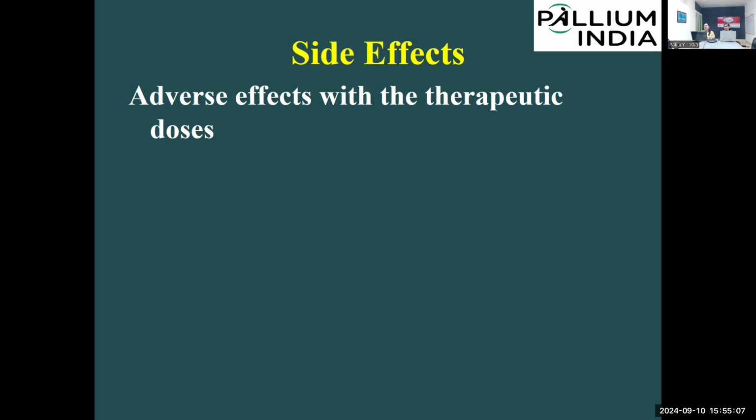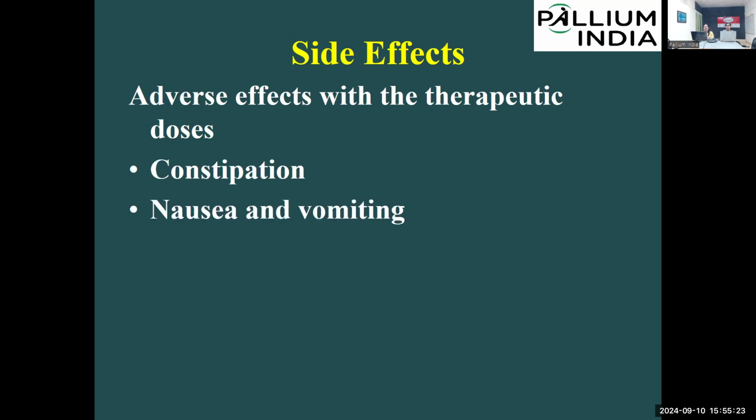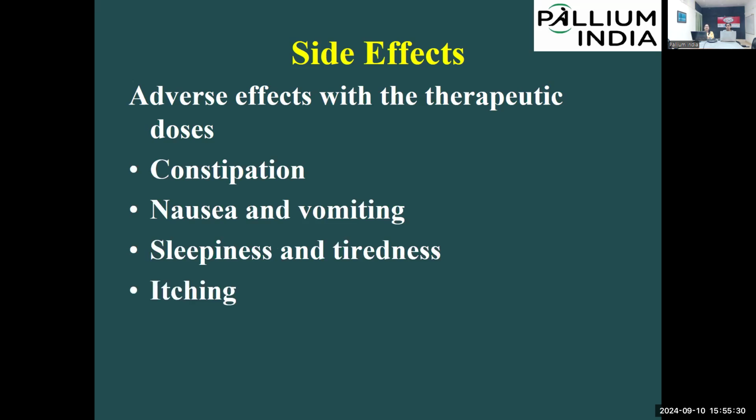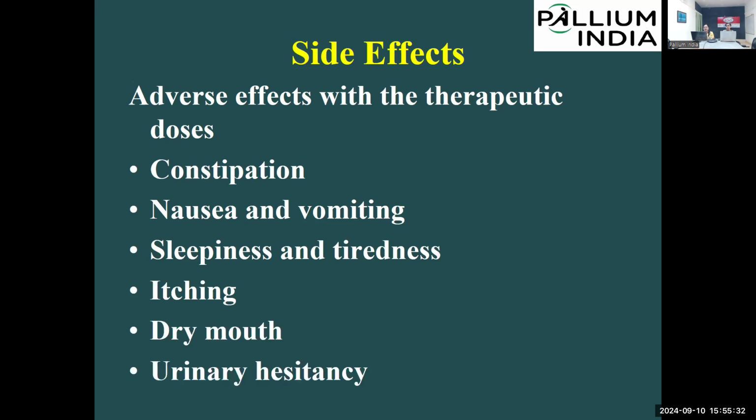The most common side effect of morphine is constipation. 95% of the patients who are on morphine are likely to develop constipation. And then we have nausea and vomiting, then sleepiness, tiredness, itching, dry mouth, urinary hesitancy. These are some of the side effects of morphine.